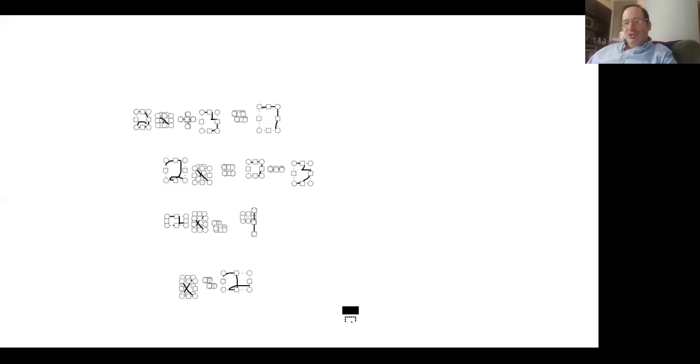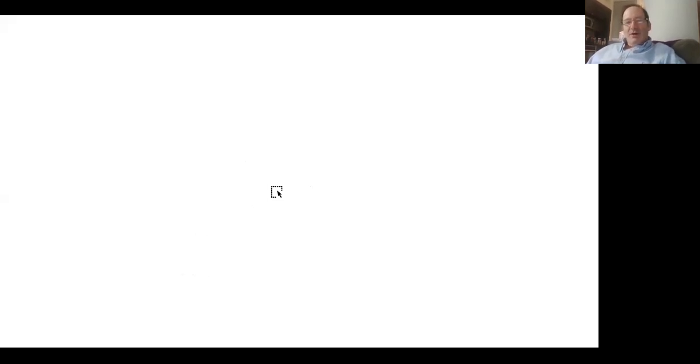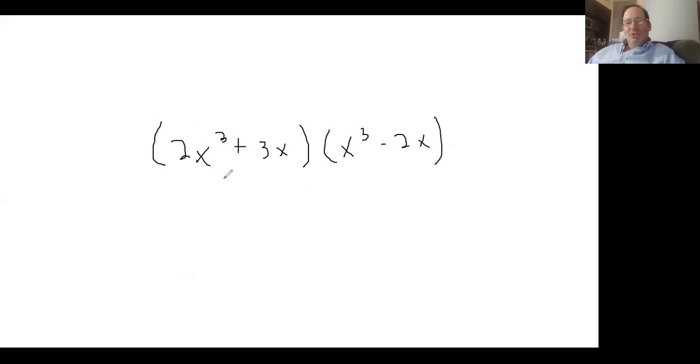For question number 2, it says, which of the following expressions is equivalent to the expression above? 2x cubed plus 3x times x cubed minus 2x. Okay, so the easiest thing to do would be just start to multiply this expression out.